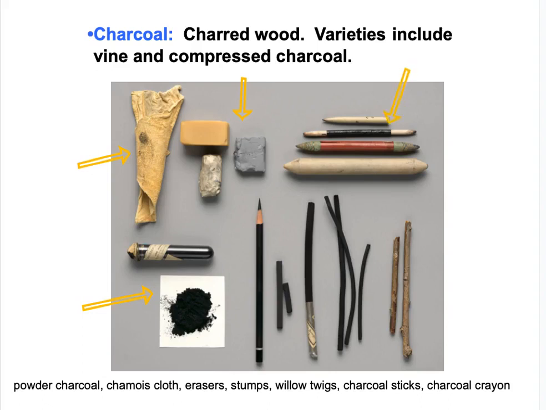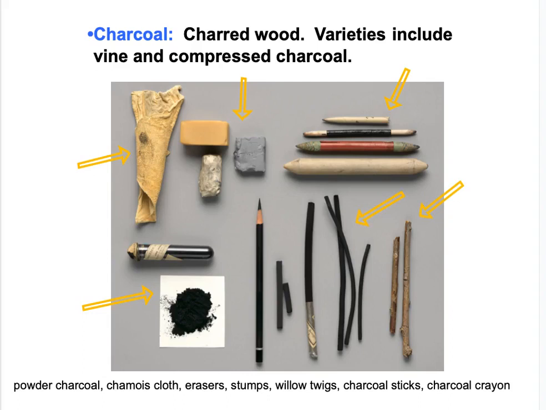These are called stumps, as we've talked about, and there's a variety of types of stumps. These, interestingly, are called willow twigs. This shows you willow twigs that have not been turned into charcoal, and these are willow twigs that have been charcoaled.